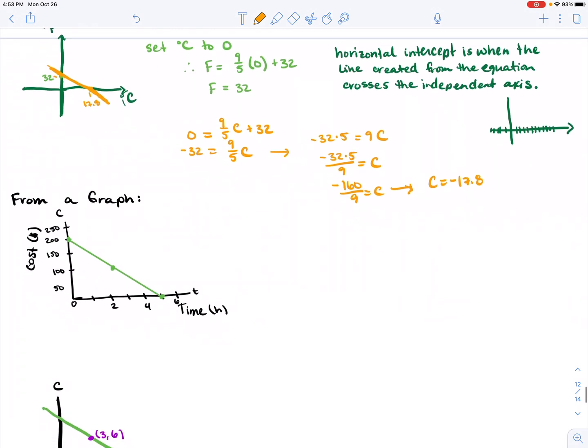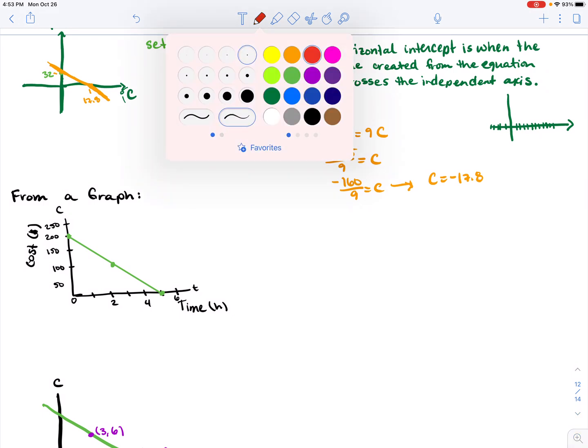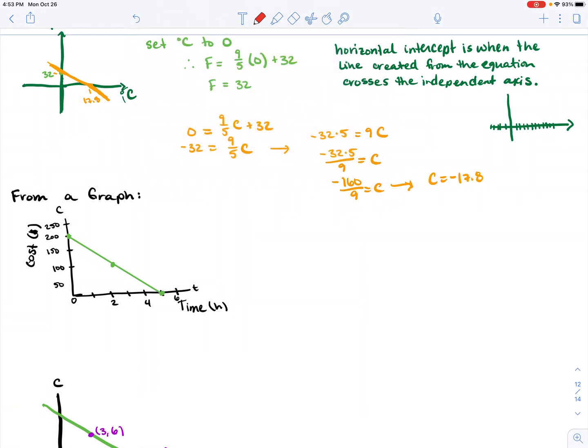Now what happens if I'm given a graph, like this cost time graph? And I'm given points that actually touch each of the axes, the horizontal here, and the vertical. Well, this is an easy one.